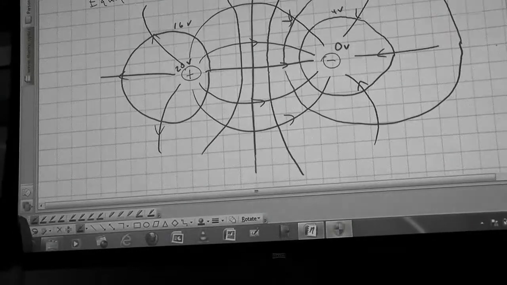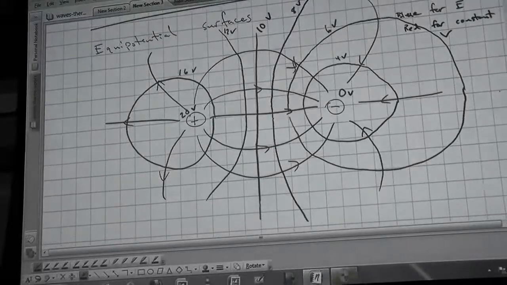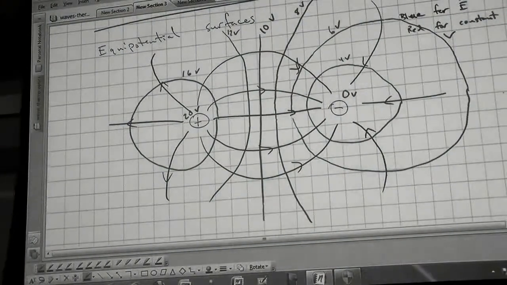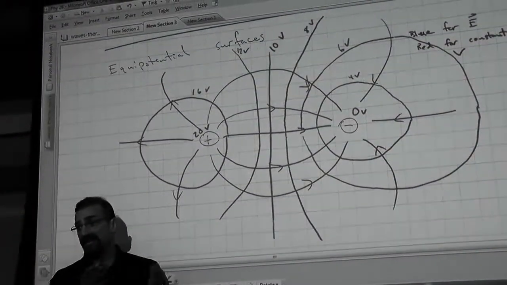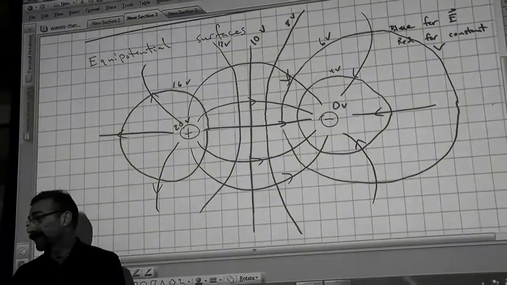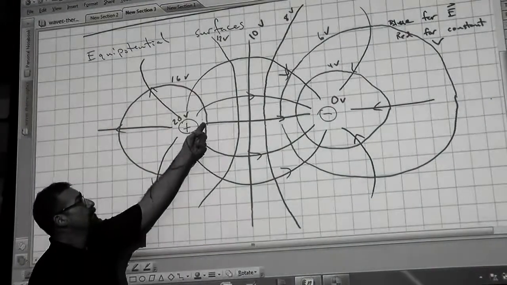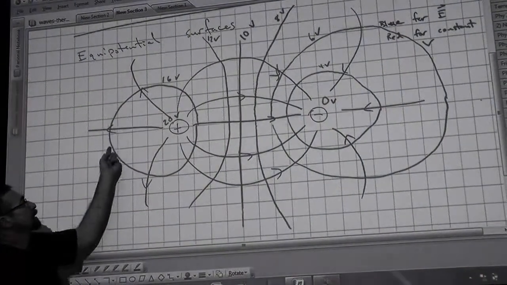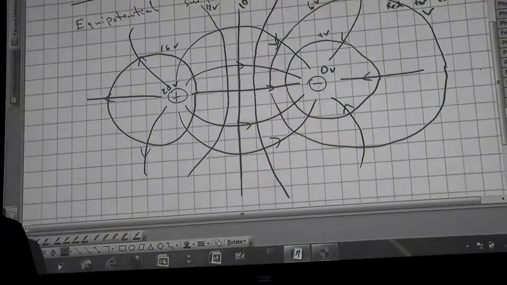And we know that it takes work to move a charge with or against an electric field. So we can look at the change in electric potential and figure out the work done, right? So if we're staying at the same potential, does it take any work to move a charge around there? No work.